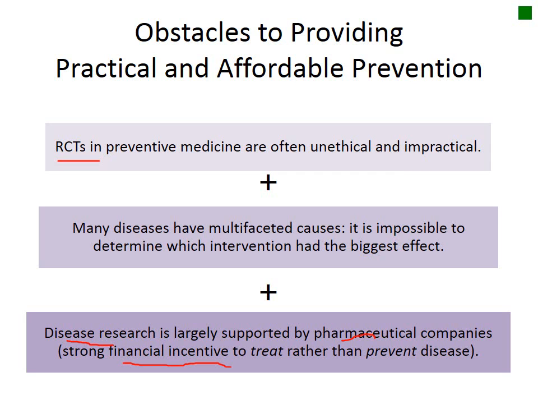And then the last thing, disease research is largely supported by pharmaceutical companies. So far in this age of medicine, there is such a strong financial incentive to treat rather than prevent the disease.